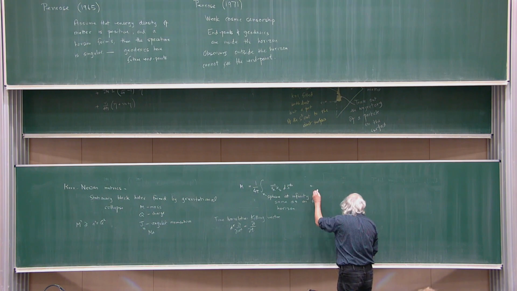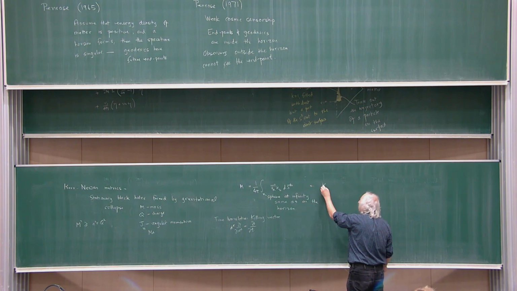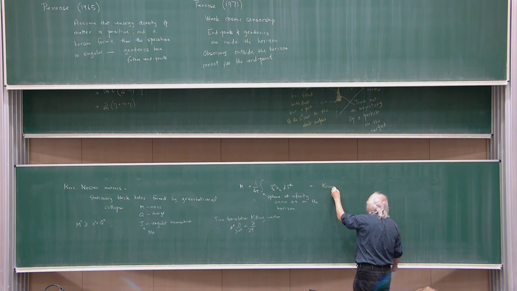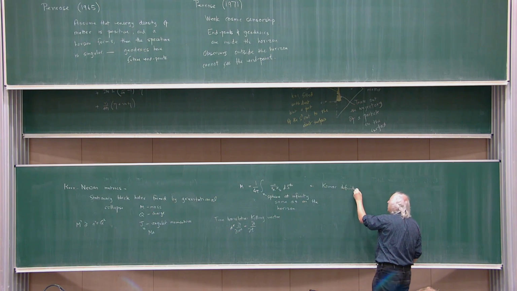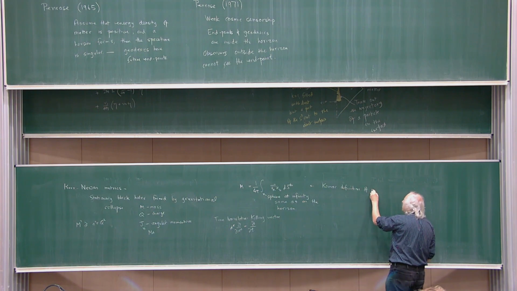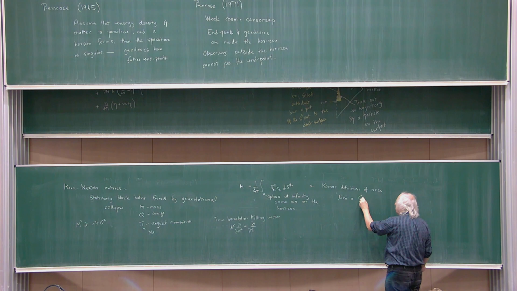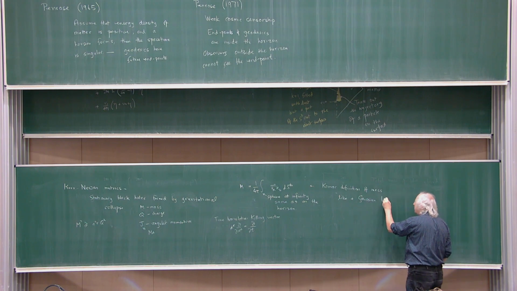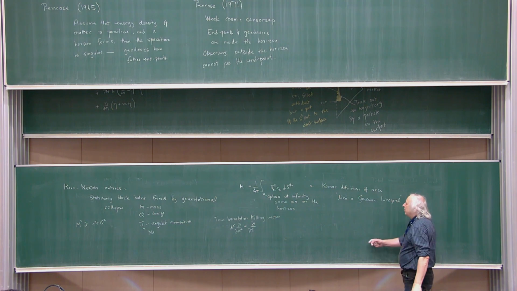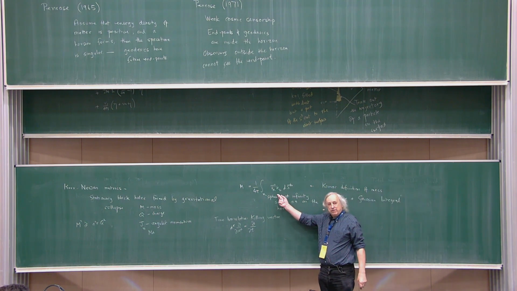This definition of mass is due to Arthur Komar. So it's like a Gaussian integral, but I'm going to put it in inverted commas because this is not really a field strength tensor.